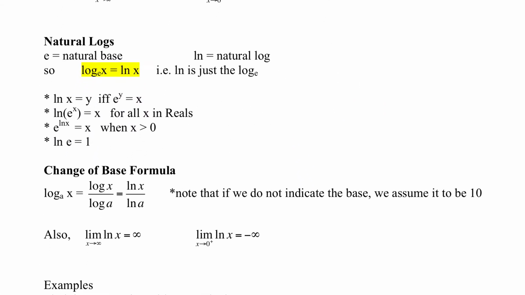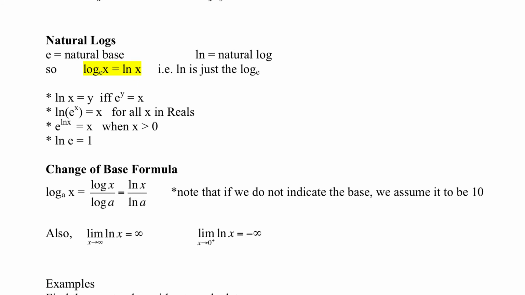Then we've got natural logs. Of course, we knew what the natural base was, and we talked about it. That's Euler's number, which is e. And to undo e, we're going to use ln. That's the natural log. So the log base e of x is just ln of x. Whenever I use e instead of base 10, base 3, or whatever number, we're just going to write ln. And we use this because it seems to come out a little bit easier with our calculations.